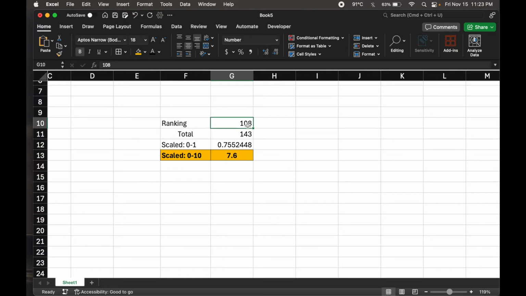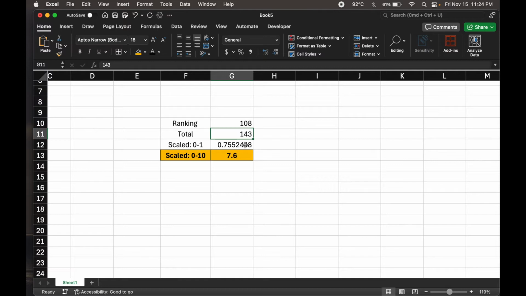So 108 ranking out of a total of 143 meant, 143 was sad actually. 1 was the happiest. So 7.6 means you're closer to 10, you're closer to sadness, and 0 is happiness, right? So it's kind of like an inverted scale, but you could always switch it up, but it's important that you keep track of what you're looking at.